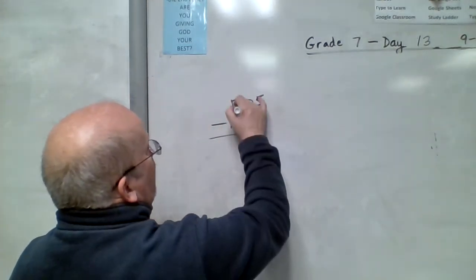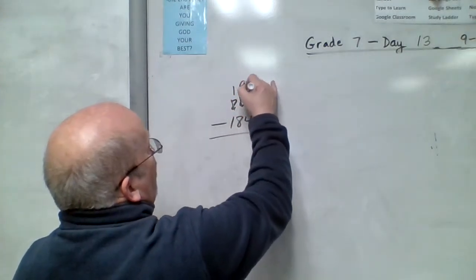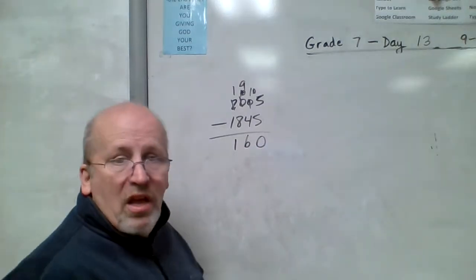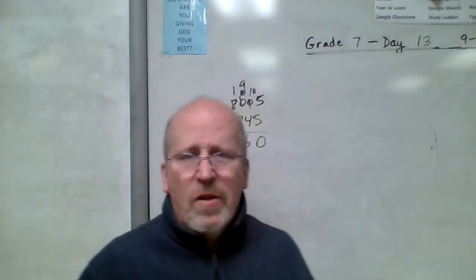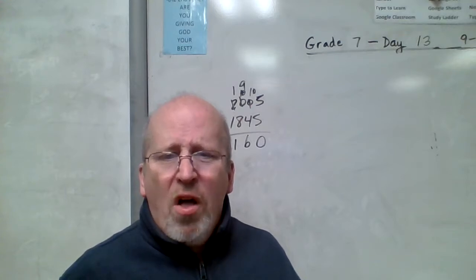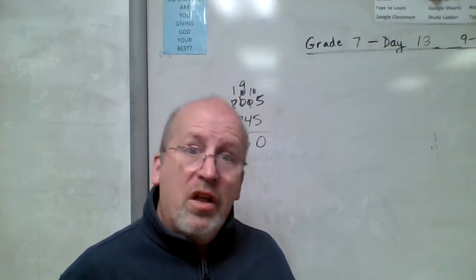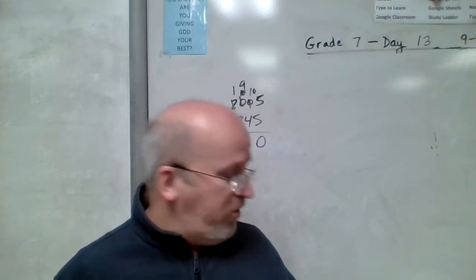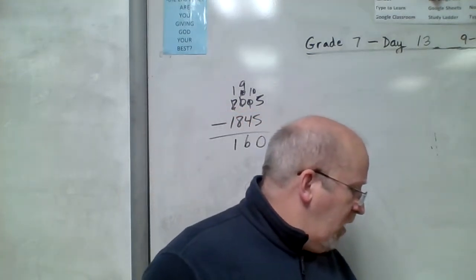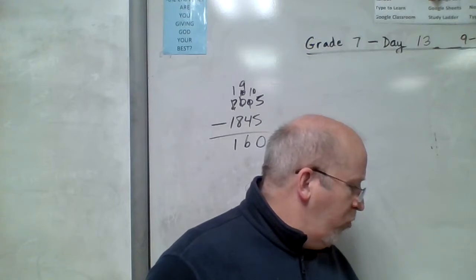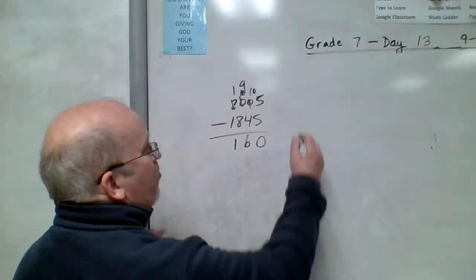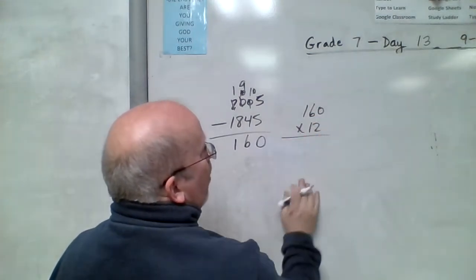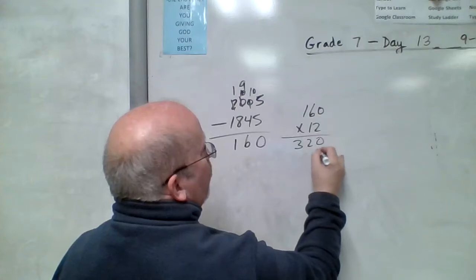In this case, we get 160 years, and then say to yourself, that must be 160 groups of 12 issues of this magazine. Because it's saying that they publish 12 issues every year. So the temptation is to take 160 years times 12 issues and see what answer you get.